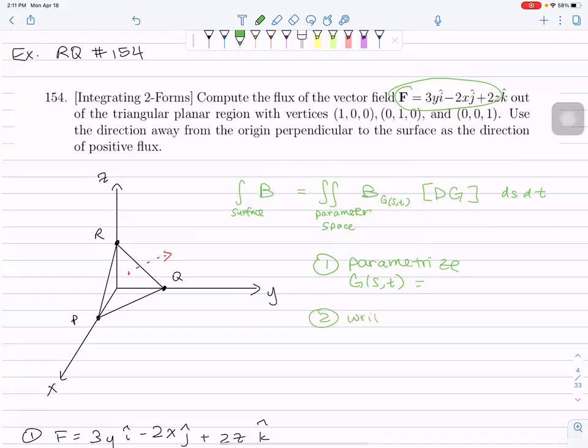Two, write f as a two form. Three, formula. Actually, first parameterize it, and we'll go over the parameterization.